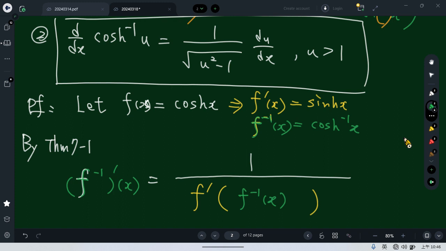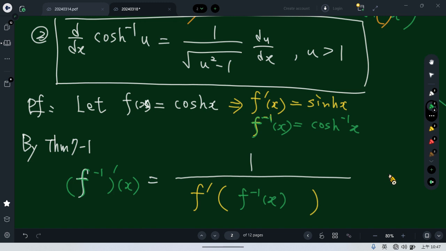Did you remember it? We already used this property several times, right? If you want to get the inverse of f of x derivative, then you should try to find its original function's derivative. Then use the inverse function as the input for this part, then take its practical value, right?